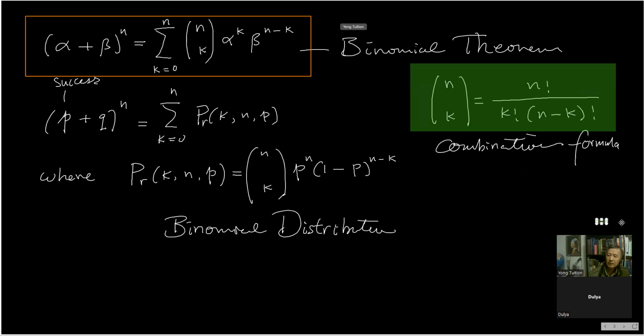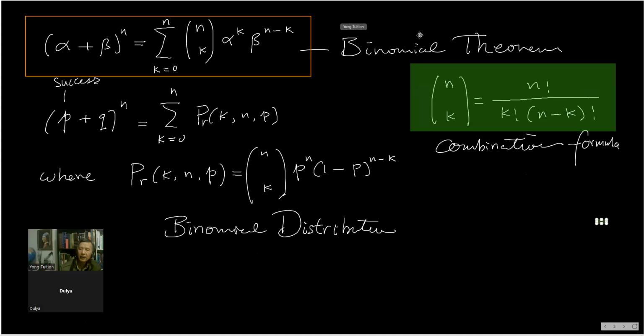I can show you a special case. What you need to know is the factorial. What is a factorial? For example, 3 factorial is simply equal to 3 multiplied by 2, multiplied by 1.